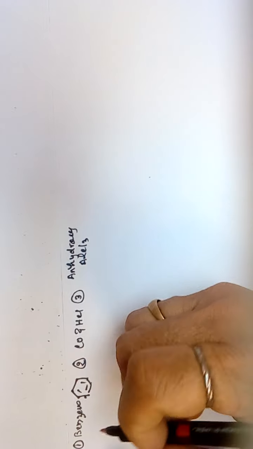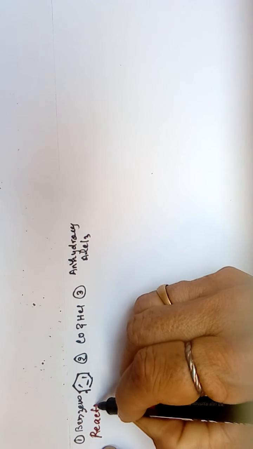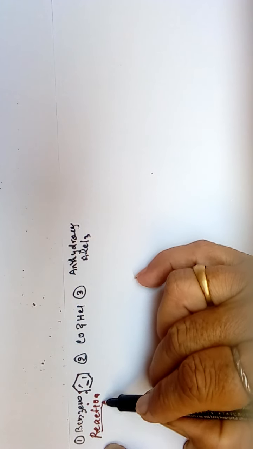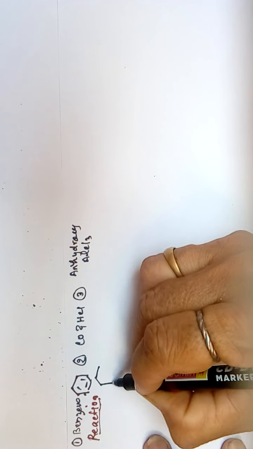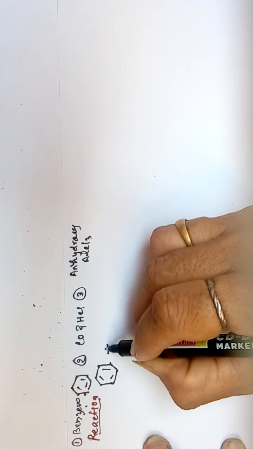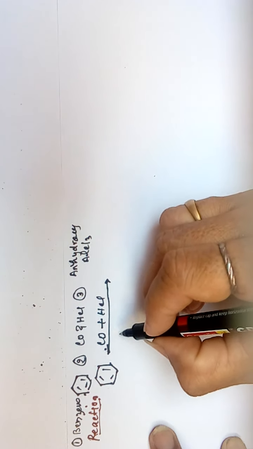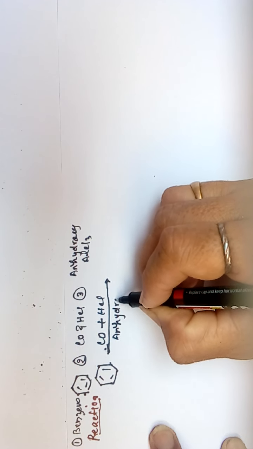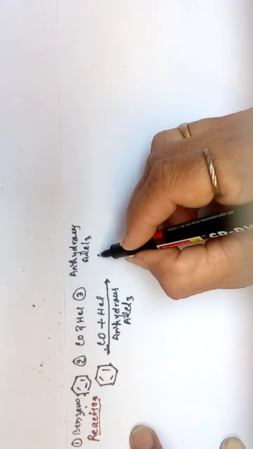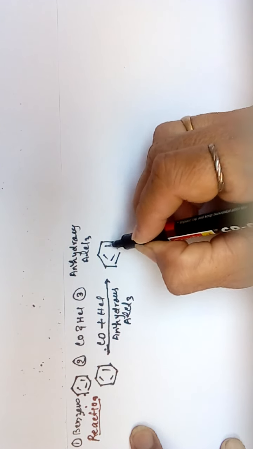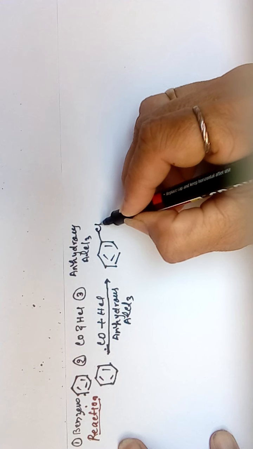The whole reaction is: benzene, when reacted with carbon monoxide and HCl in the presence of anhydrous AlCl3, forms benzaldehyde.